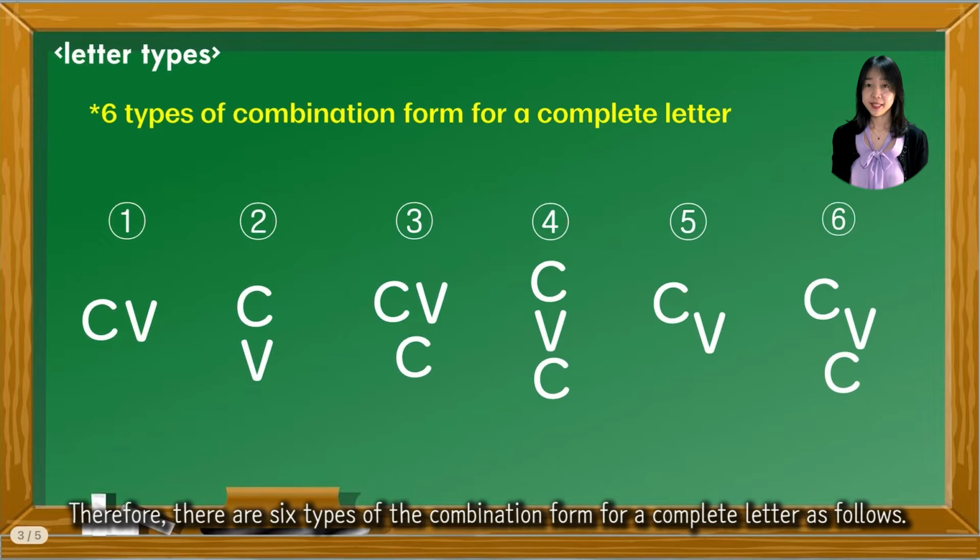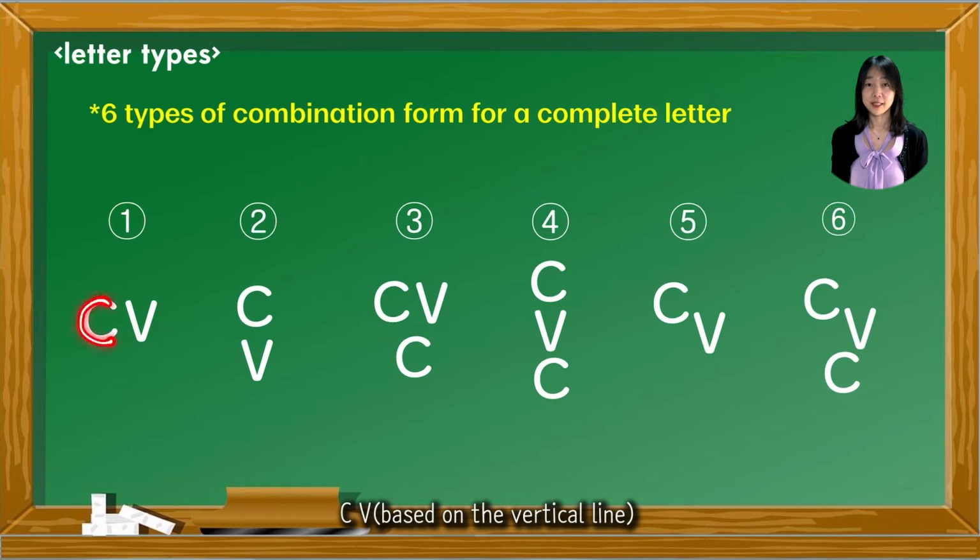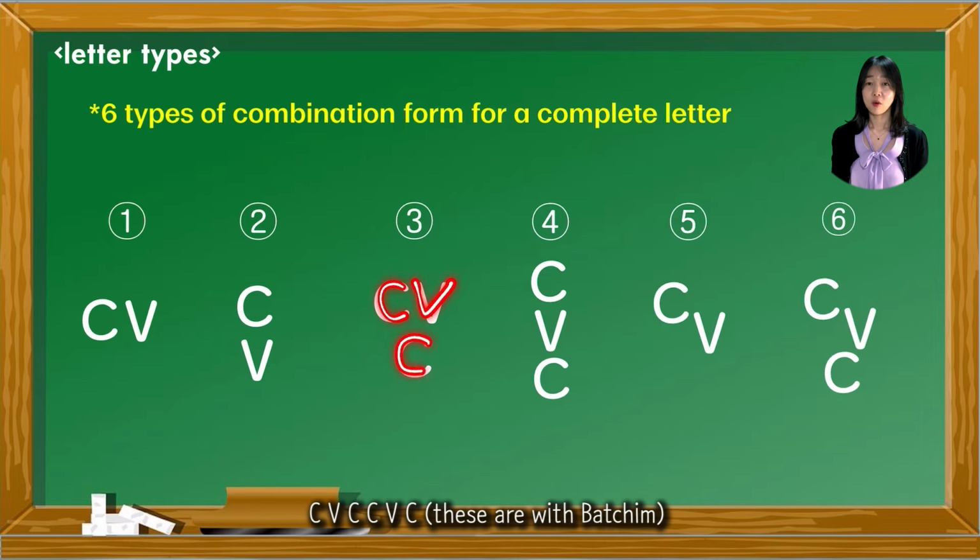Therefore, there are 6 types of combination forms for a complete letter as follows. Consonant, vowel, based on the vertical line. Consonant, vowel, the horizontal ones. Consonant, vowel, consonant. Consonant, vowel, consonant. These are with 받침.